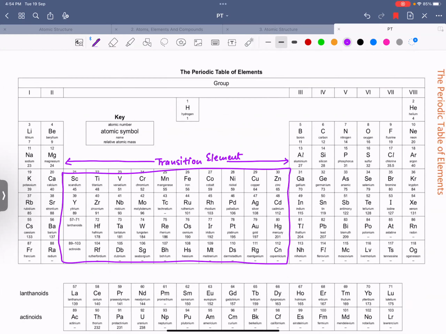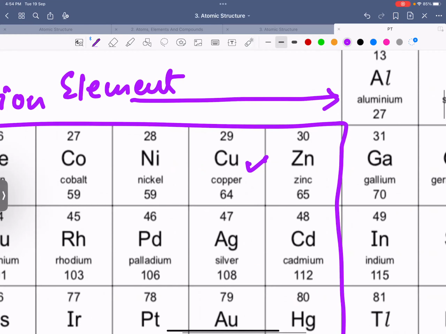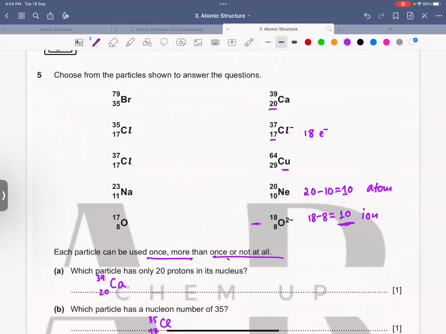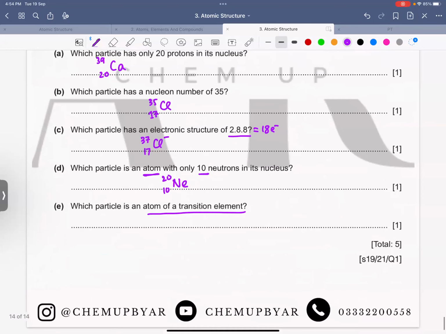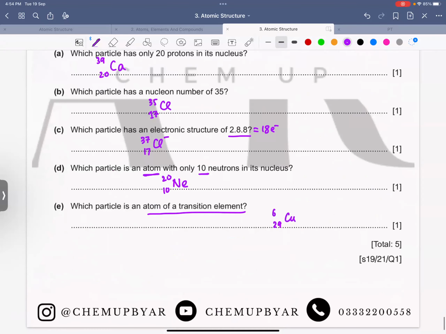Is this understandable? So here, if you see this is Cu, which is copper. They have given you copper, so it means copper is the transition element. 29 and 64. Is this clear? Yes.